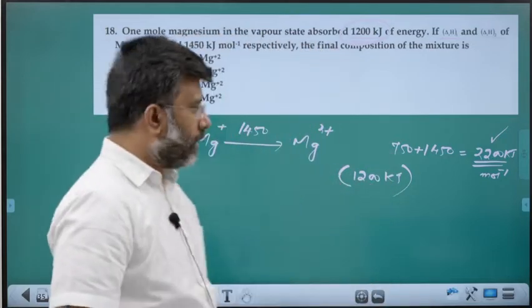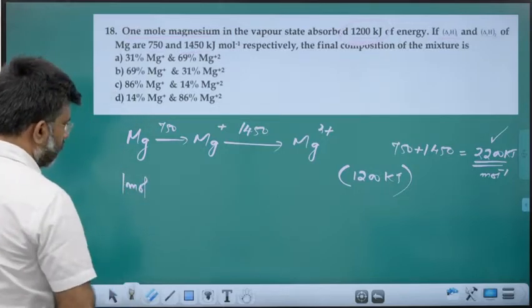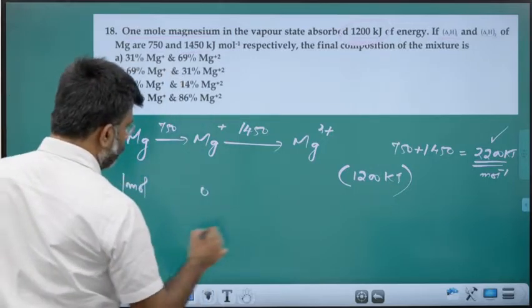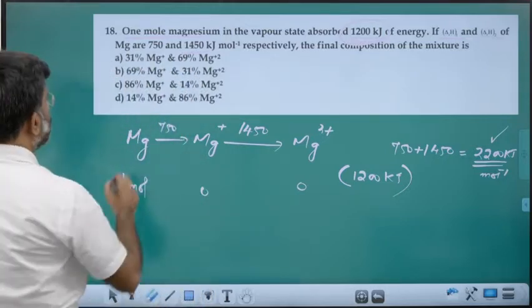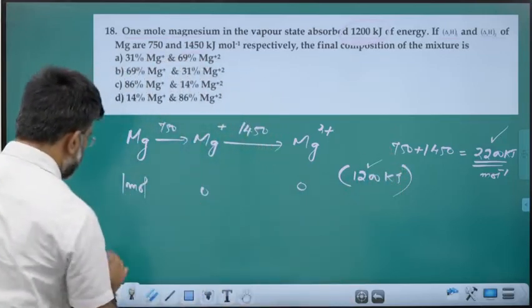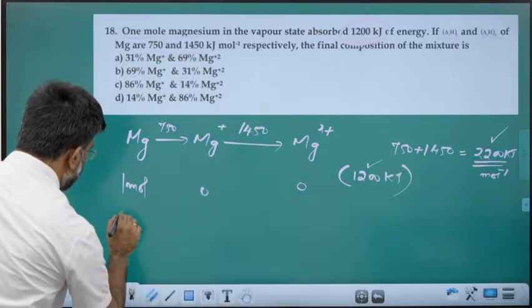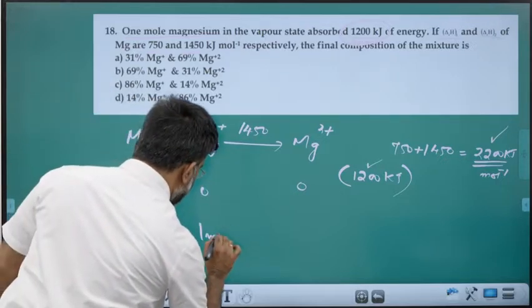So what is going to happen? Let's see. Suppose I am taking 1 mole of Mg here. Initially Mg plus is 0 and Mg2 plus also 0. Now out of the 1200, 750 is consumed. You can see 1 mole of Mg converted to Mg plus, Mg becomes 0, and Mg plus becomes 1 mole.